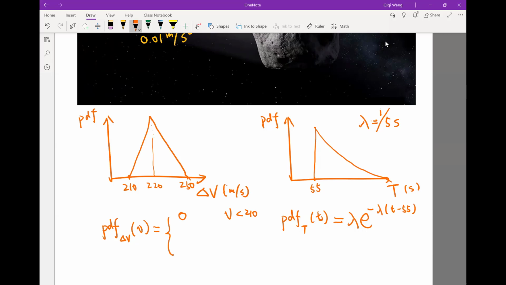And what is the maximum here? Let's see, the base of the triangle is 40. And in order for the triangle to integrate to 1, with an area of 1, the height has to be 1 divided by 20, or 0.05.